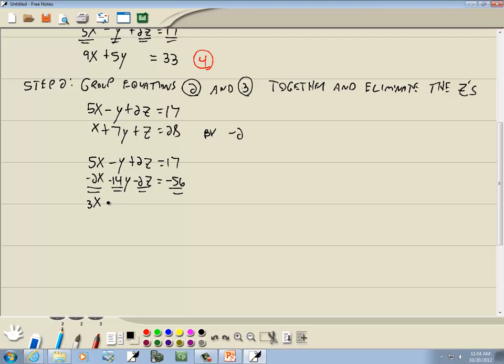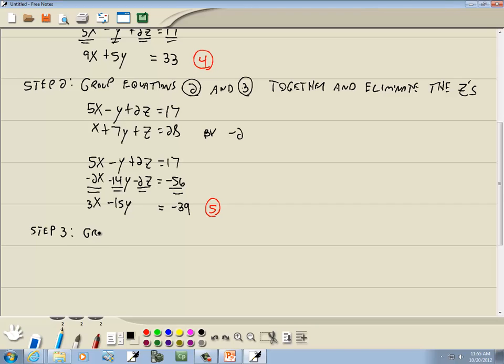Negative y, negative 14y is negative 15y. 2z minus 2z drops away. 17 minus 56 is negative 39, I believe. And this is our fifth equation. Now I could actually divide everything by 3 in that one, and in this case it would work out very well, but we'll ignore that. I like steps to work all the time.